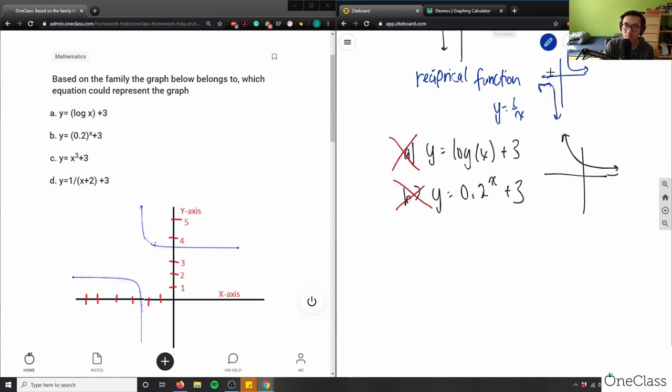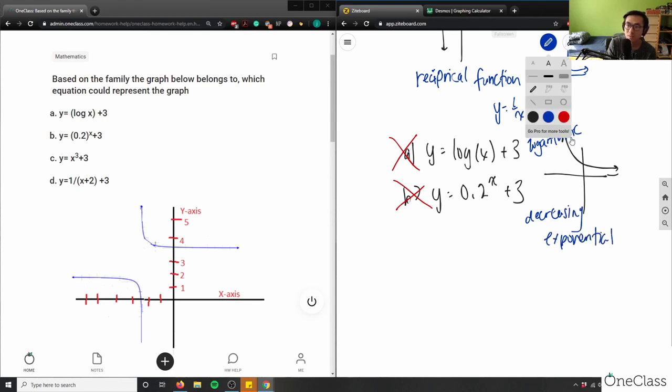So this here was a logarithmic, and this here is a decreasing exponential. Let's look at C. C is x cubed plus 3. If I graph x cubed plus 3, I have a polynomial function.